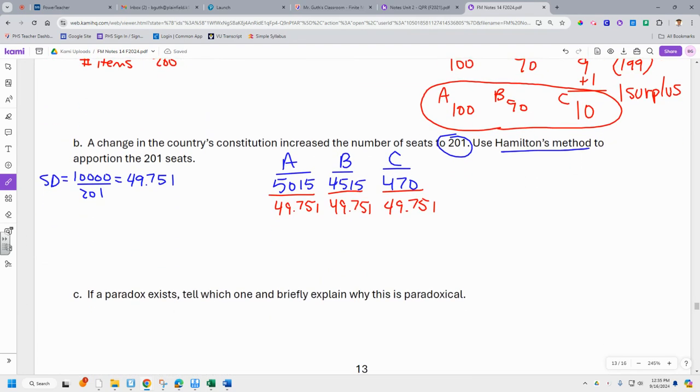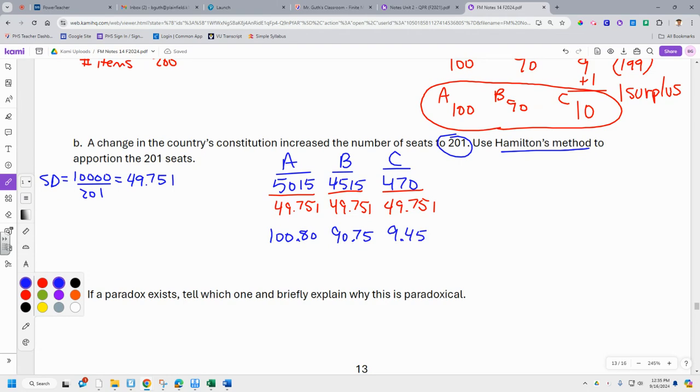Divide each of those group populations by the standard divisor of 49.751. And in A's case, 100.80, B, 90.75, C, 9.45.